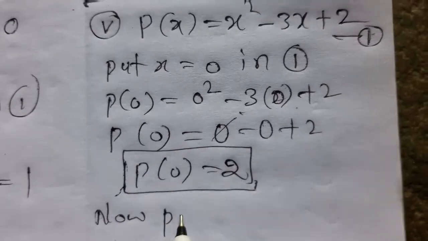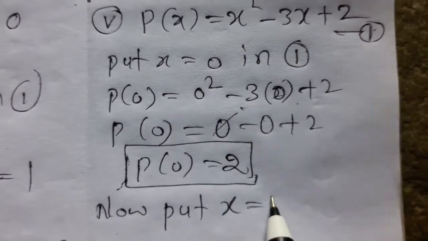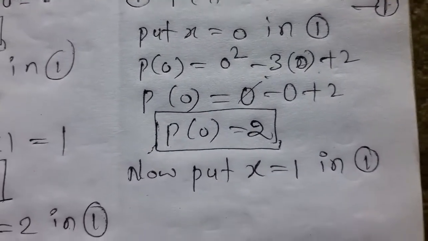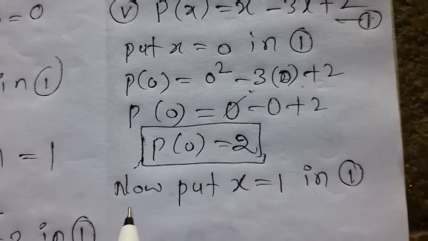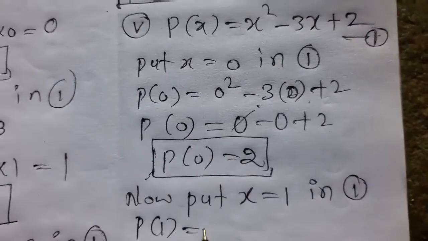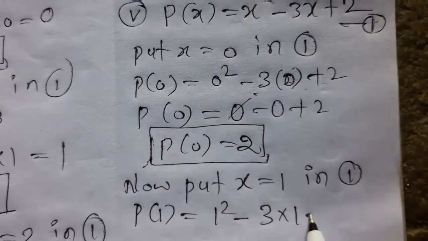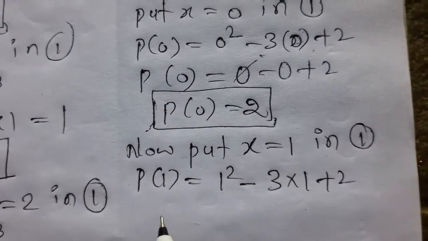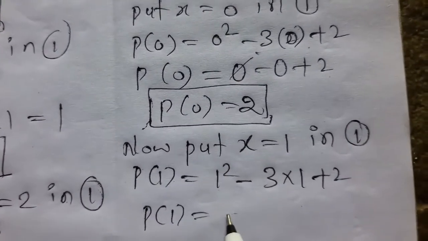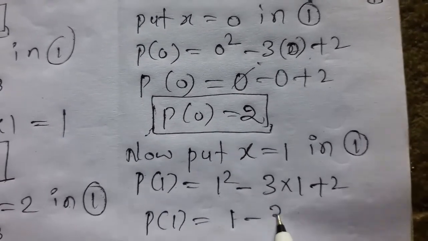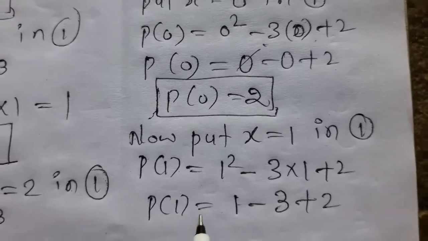Next, now put x equals 1 in equation 1. We get P of 1 equals 1 square minus 3 into 1 plus 2. Now P of 1 equals 1 square, 1 into 1 means 1. Minus 3 ones are 3, plus 2.